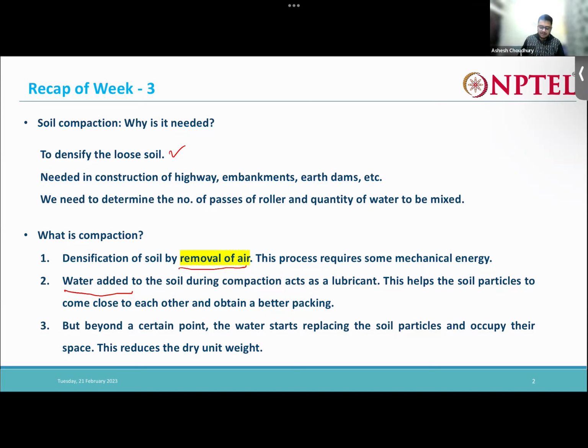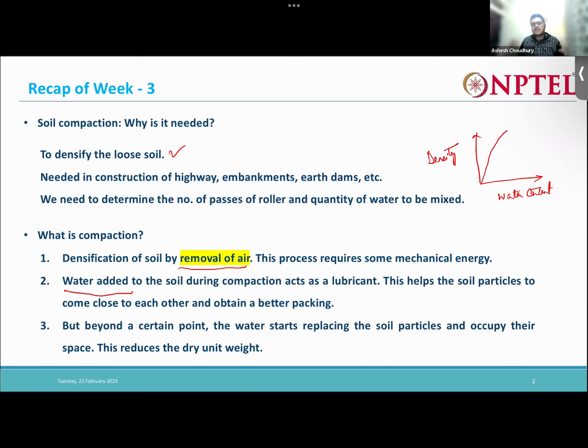So if I plot the water content on the x-axis and the density on the y-axis, what happens is that as you keep on increasing the water, the density keeps on increasing.